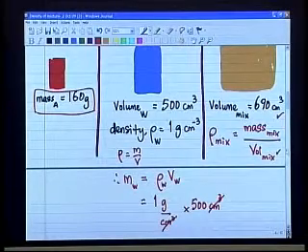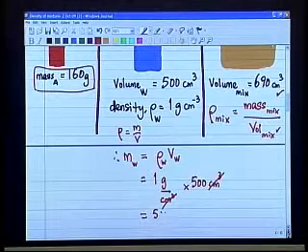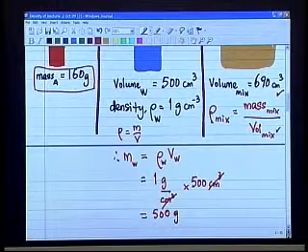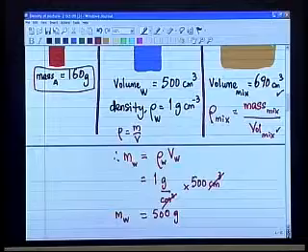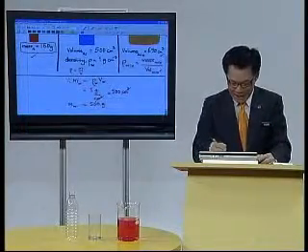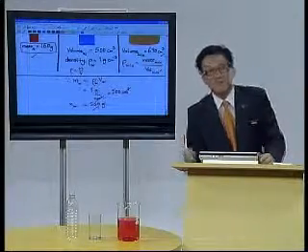So what is my answer here? I will have 500 grams. Now 500 grams is the mass of the water. Mass of alcohol is 160 grams. This is 500 grams. So what is the mass of the mixture now?